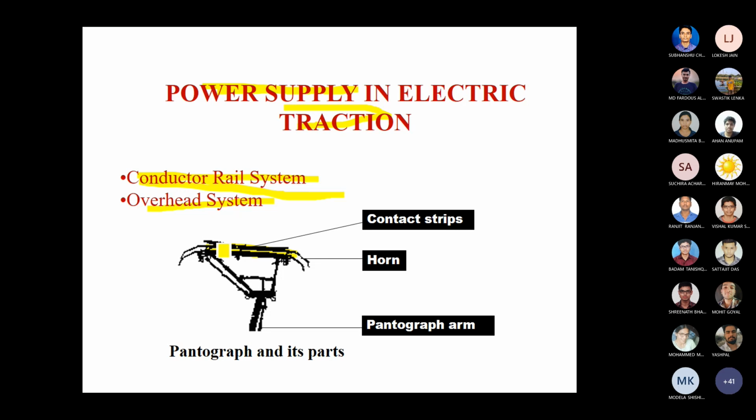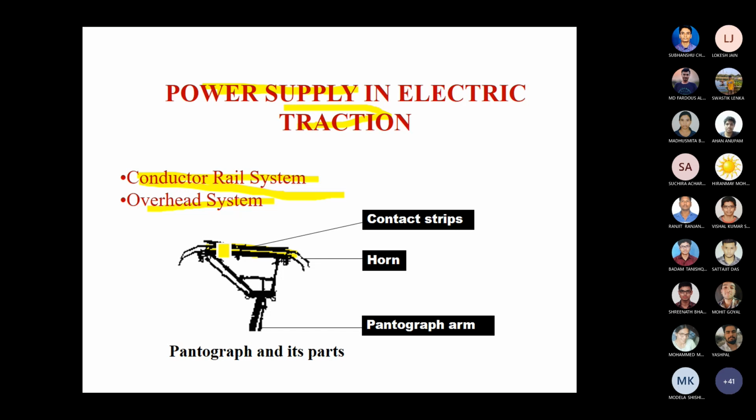Through the dropper, your contact wire is connected to the catenary wire.